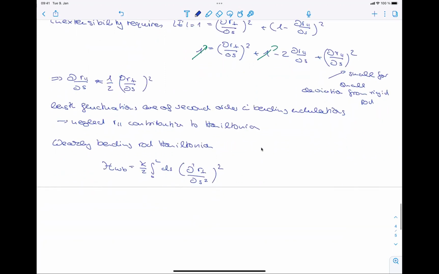So we only have to account for the undulations. And then we can turn to the mean square transverse fluctuations to quantify them and use this to calculate the force extension relation.